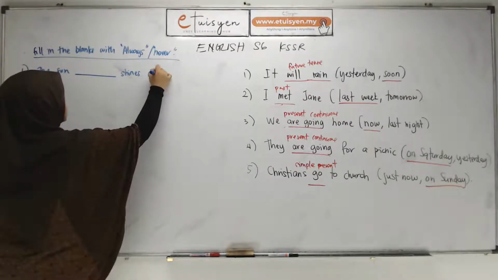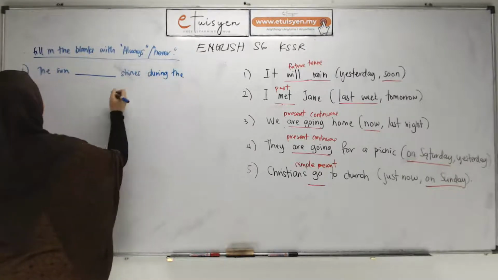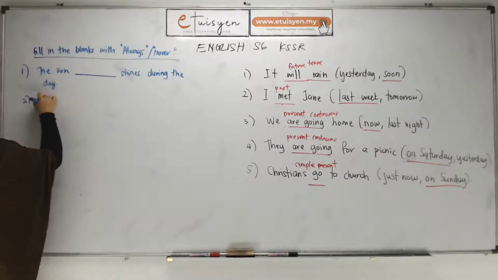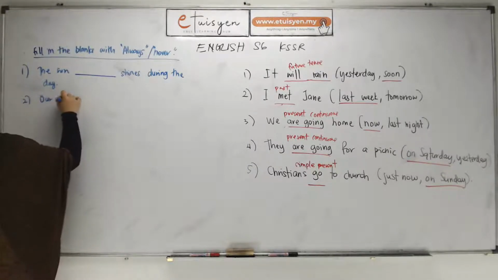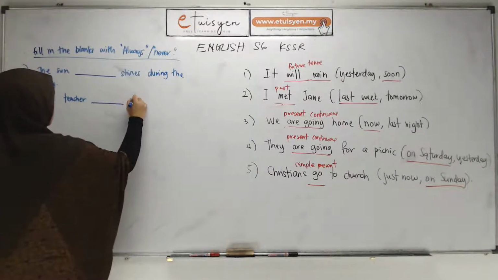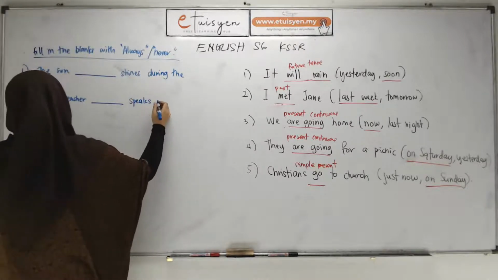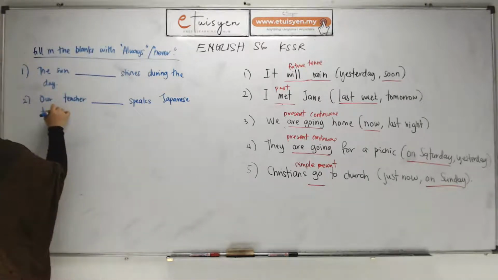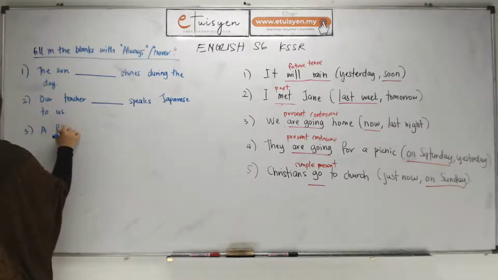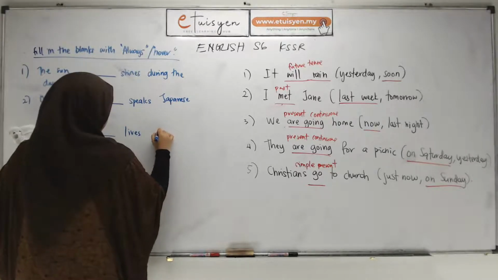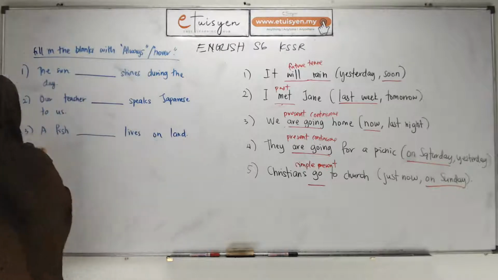Number 1, the sun blank shines during the day. Number 2, our teacher blank speaks Japanese to us. Number 3, the fish blank lives on land.